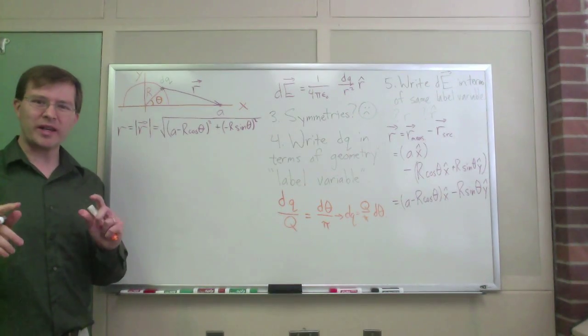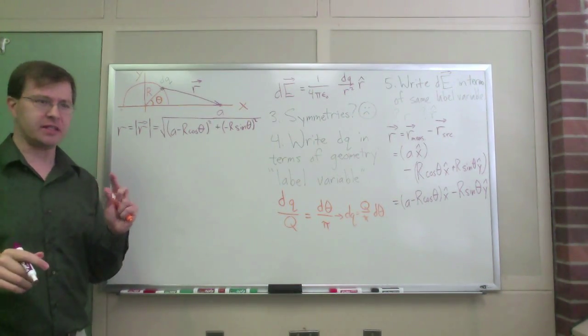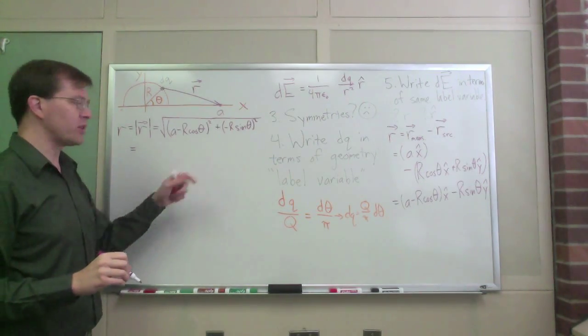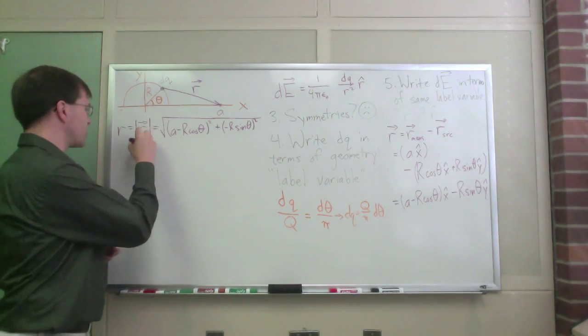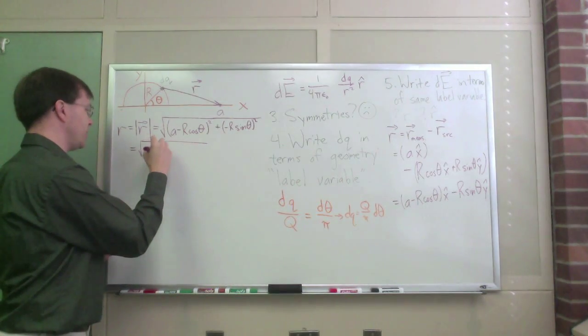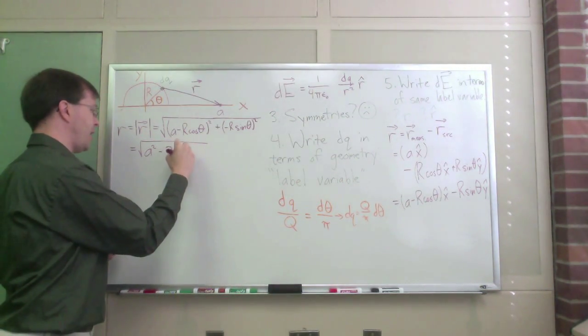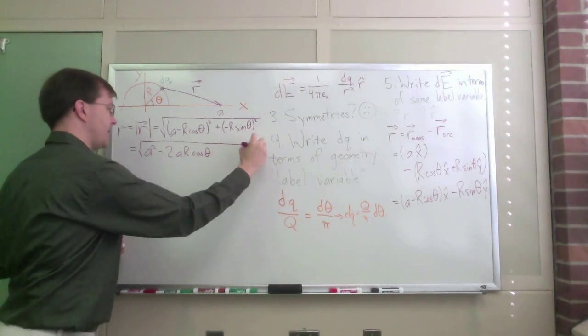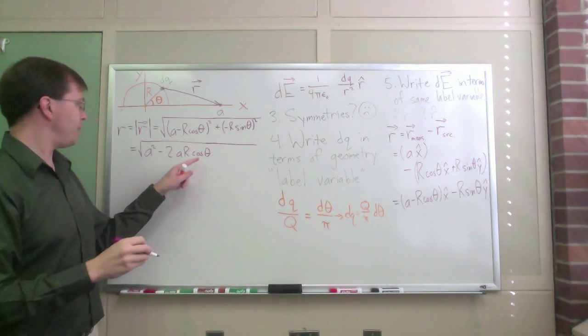I can make this one tiny bit simpler, only a tiny bit, it's not really great. I can make it simpler by squaring this out and using a trig identity. Under that square root sign, I'm going to have a squared minus 2ar cosine theta. And then here's where I get to be a little bit clever.